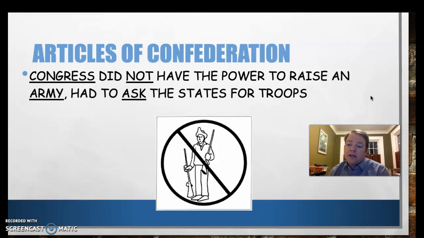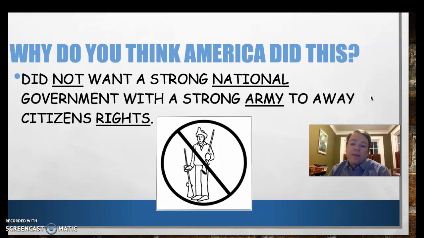This is again a reaction to how things were under British rule, where the colonists basically had no say in whether or not they had troops or soldiers in their towns and cities. So they wanted to make sure that if Congress does call troops, the states themselves can say yes or no to that, and that the national government can't force the states into a war or a battle that they don't want to fight.